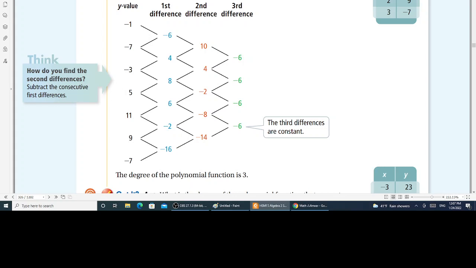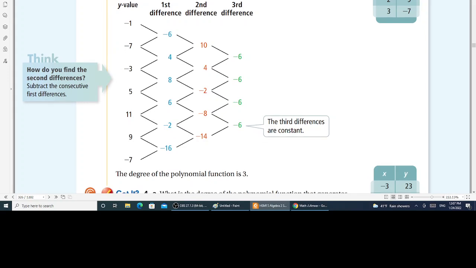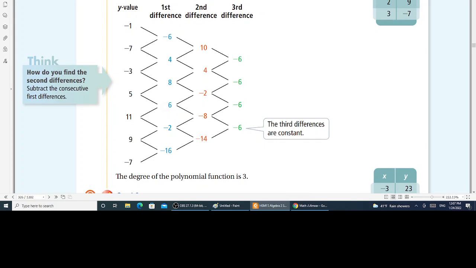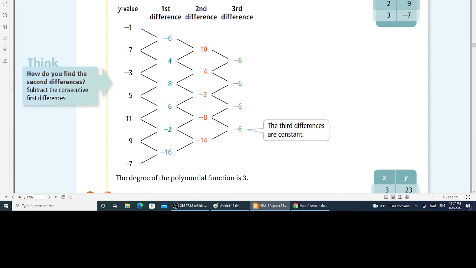Difference means y2 minus y1. So here negative 6 means negative 7 minus negative 1, and here negative 3 minus negative 7 is 4, 5 minus negative 3 is 8, 11 minus 5 is 6, 9 minus 11 is negative 2, negative 7 minus 9 is negative 16.